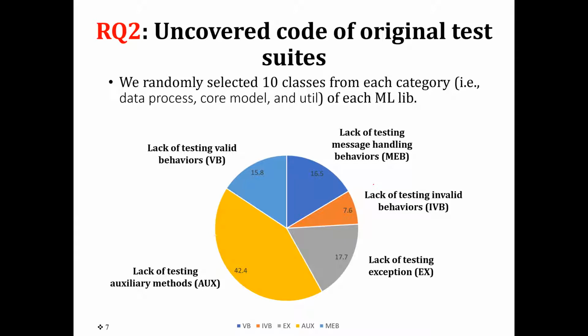The first three authors worked together to manually categorize the uncovered code into 5 different types: lack of testing valid behavior, lack of testing message handling behavior, invalid behavior, exceptions, and auxiliary methods. The numbers here show the percentage of each category. We can find that overall, most of the uncovered code belongs to auxiliary methods.